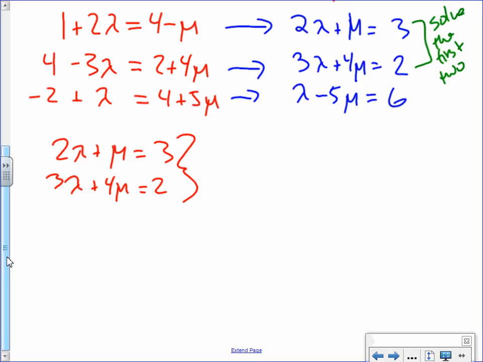How about row 2 minus 4 row 1? Because there's a single lambda right there, a single mu right there. So that gives you 2 lambda plus mu equals 3, and at the bottom, 3 minus 8 is negative 5. That gets rid of the mu, and then 2 minus 12. Oh, that's supposed to be a negative 2. Whoopsies. There you go.